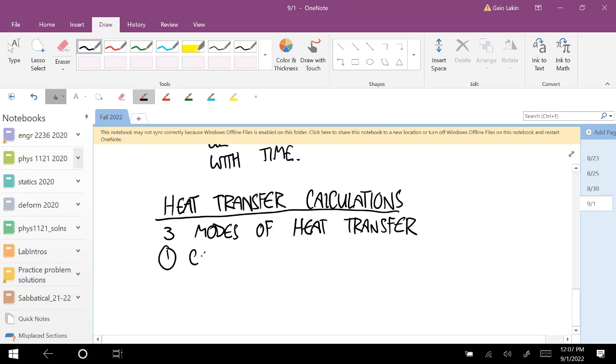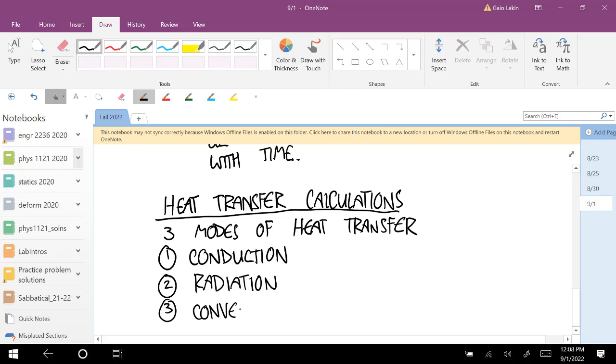Those are conduction, radiation and convection. Conduction is like when the handle of a pan gets hot.